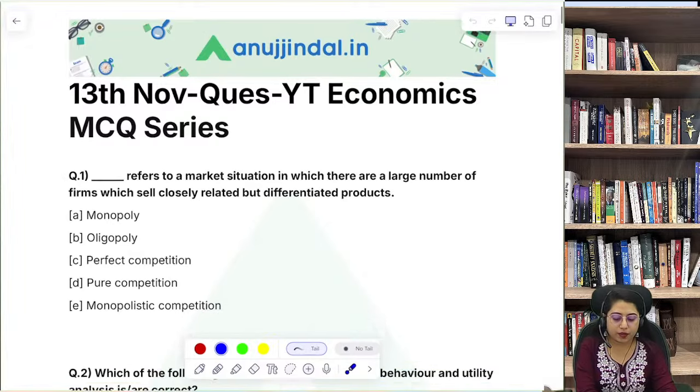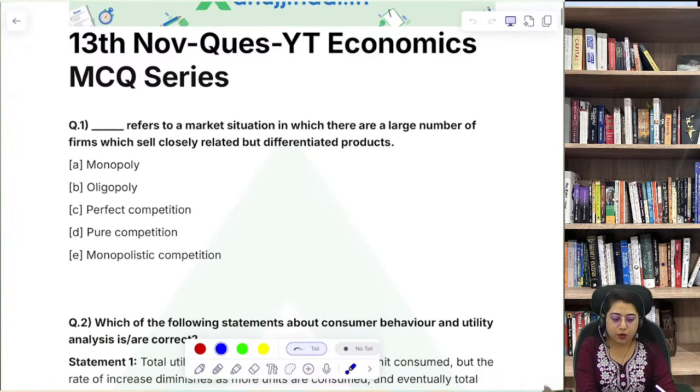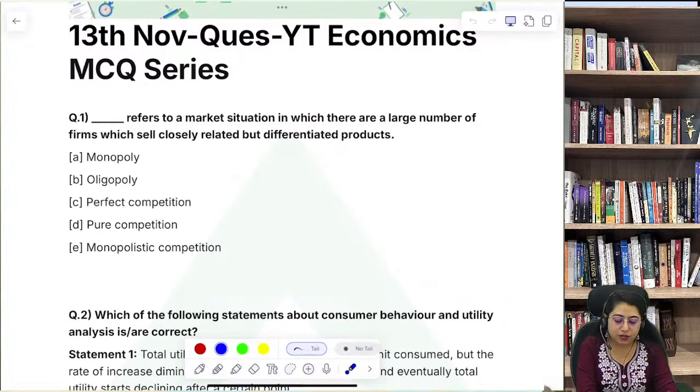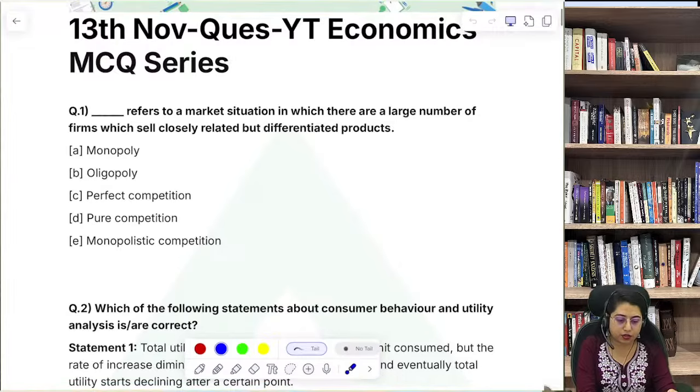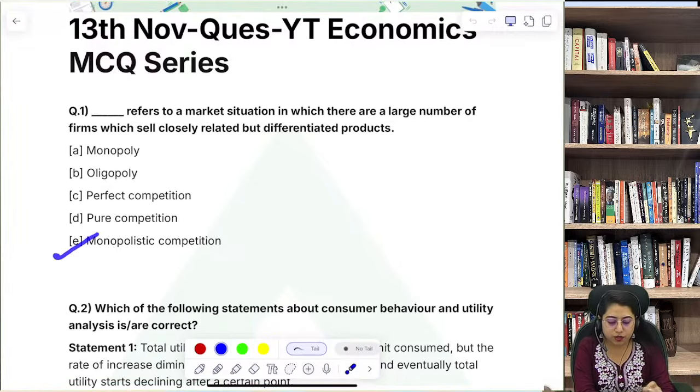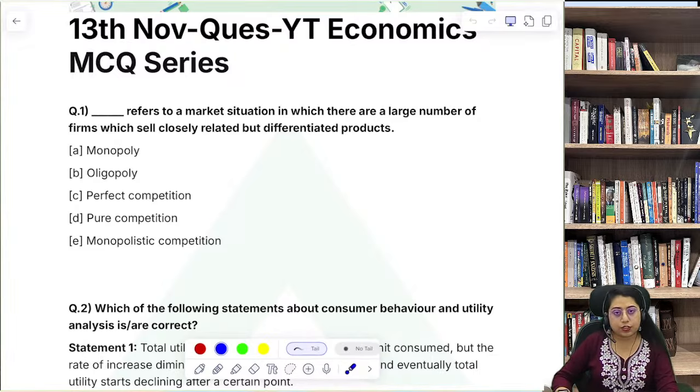Okay, so here I begin with question number 1. What refers to the market situation in which there are a large number of firms which sell closely related but differentiated products? Yes, the right answer is option E, monopolistic competition. Monopolistic competition is a type of market structure whereby there are different brands, different companies who work in the same type of product but in a different way.